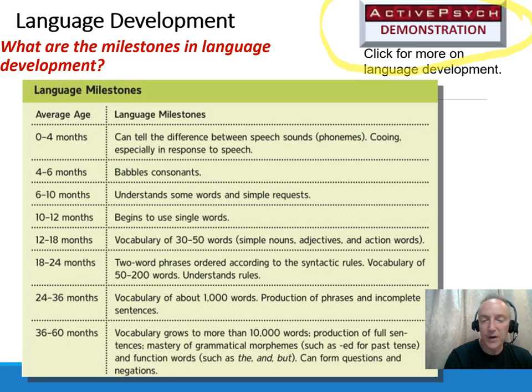By the time a kid is 5 and entering kindergarten, they are considered fluent in their native language. They have a vocabulary of at least 10,000 words. They're able to speak in grammatically correct sentences. They're able to talk about things in different tenses, and talk about the past, the present, and the future.